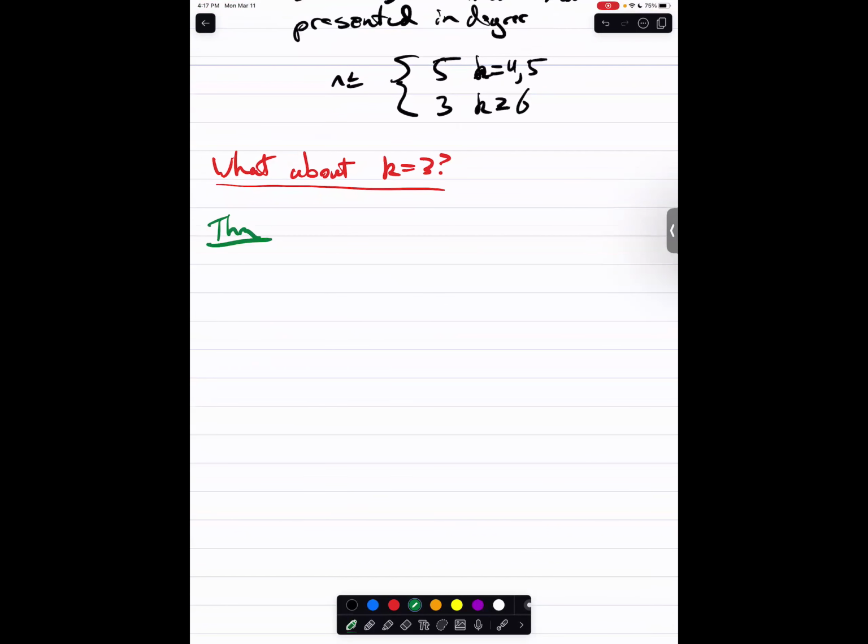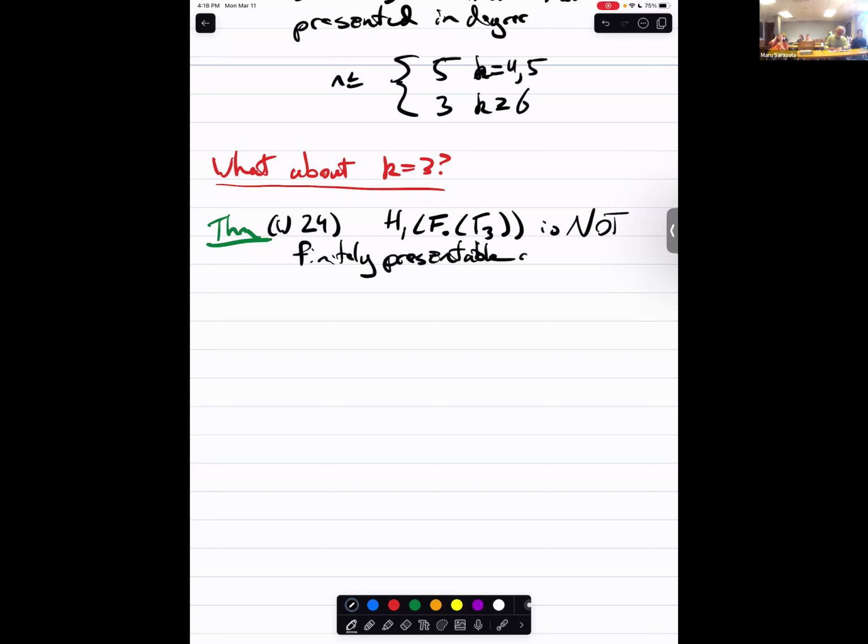And this is kind of this weird eldritch horror that says, okay, the first homology, so theorem of mine, the first homology of the ordered configuration space of particles in the star graph on 3 edges, so the thing that looks like a Y, this is not finitely presentable as H0 of the ordered configuration space of points on the line times 3 copies module.